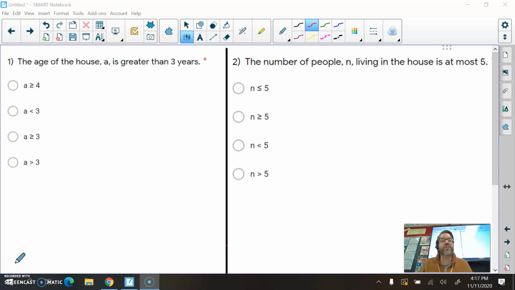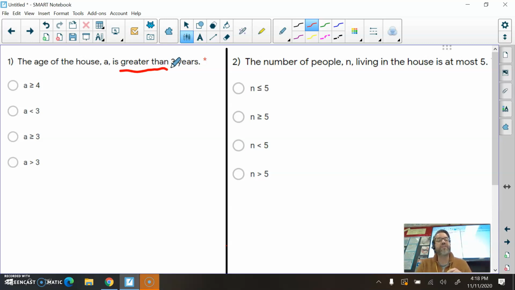All right, number 1, the age of the house, A, is greater than 3 years. Here's the key right here, is greater than. So could it equal 3 years? Could the house be 3 years old? No, it has to be greater than 3 years.